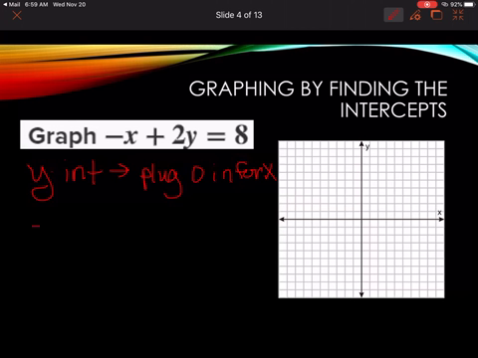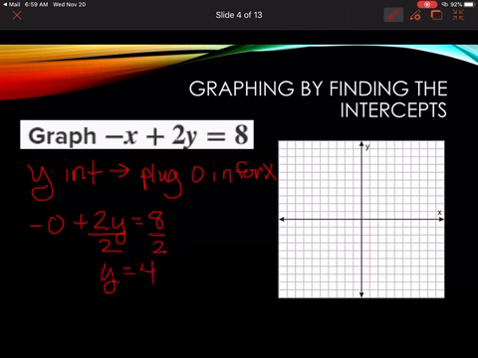So I would go negative 0 plus 2y equals 8. Well, we know there's not a negative 0, so I would just divide by 2. Divide by 2, so y equals 4. So now I'm just going to go to where y equals 4, put a dot.